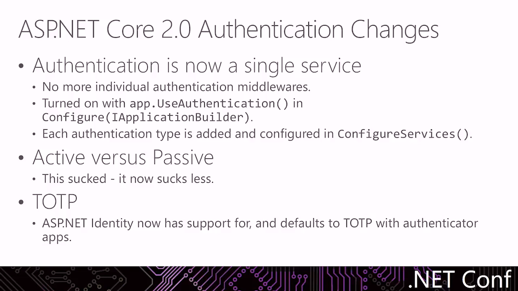When you move to Core 2, you will see that authentication is now a single service. There is no more individual authentication middleware. You add to this service. And so we can now enforce the fact that there is only one active authentication service. So you can't get into that mixed up, unsupported scenario again.